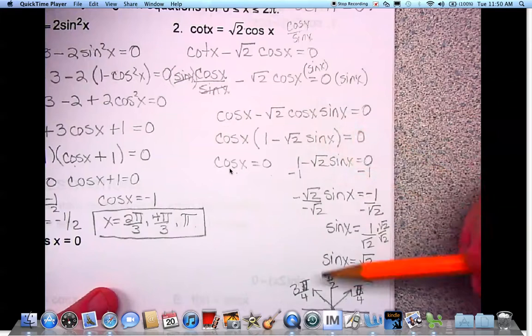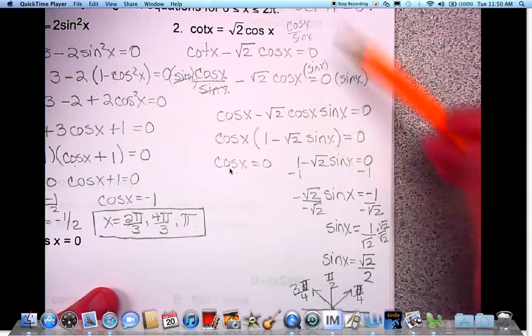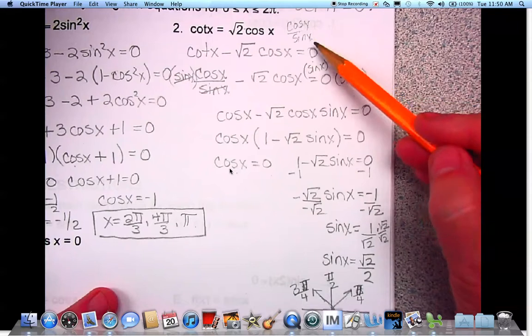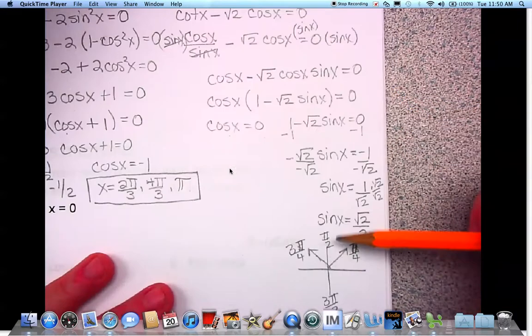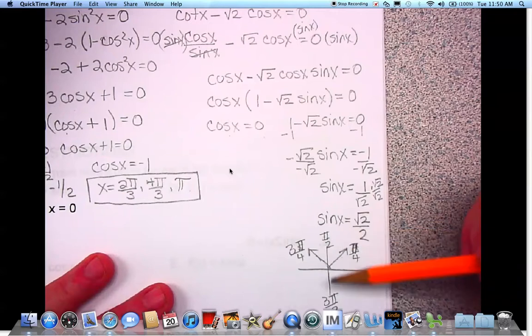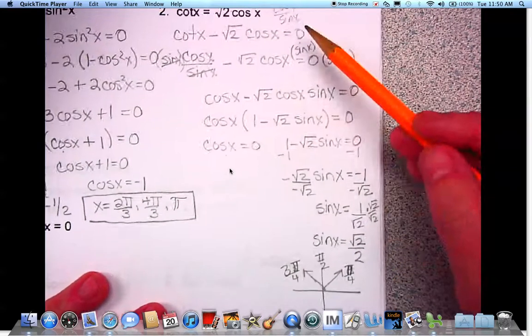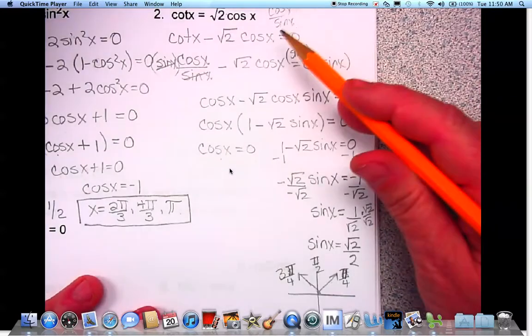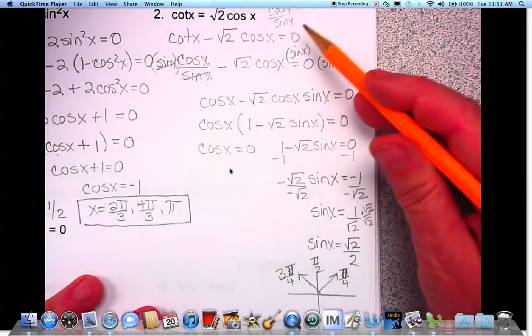If I plug in pi over 2, I can do the cosine of pi over 2. Well, what's the sine of pi over 2? 1. And we're okay, aren't we? And if I plug in 3 pi over 2, the sine of 3 pi over 2 is negative 1, and that's okay. You can have a negative 1 on the bottom. You just can't have a 0 on the bottom, right?